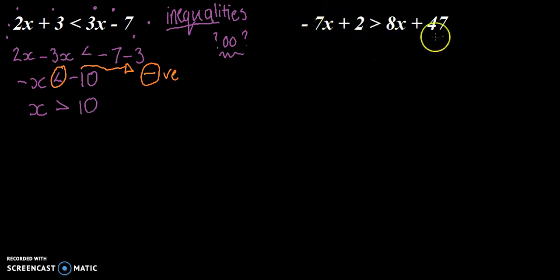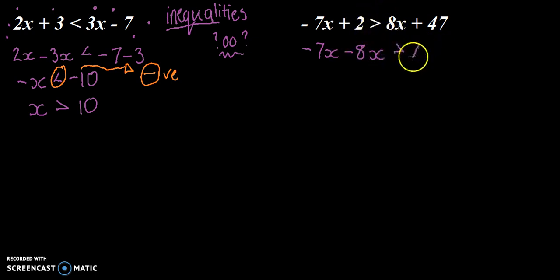Let's do this next one, which I also like. Of course, I like most maths questions, so that shouldn't surprise you. I'm going to start once again by gathering all my like terms. So 8x is over here. I want it to be over there, so I'm going to subtract 8x. 2 is over here.